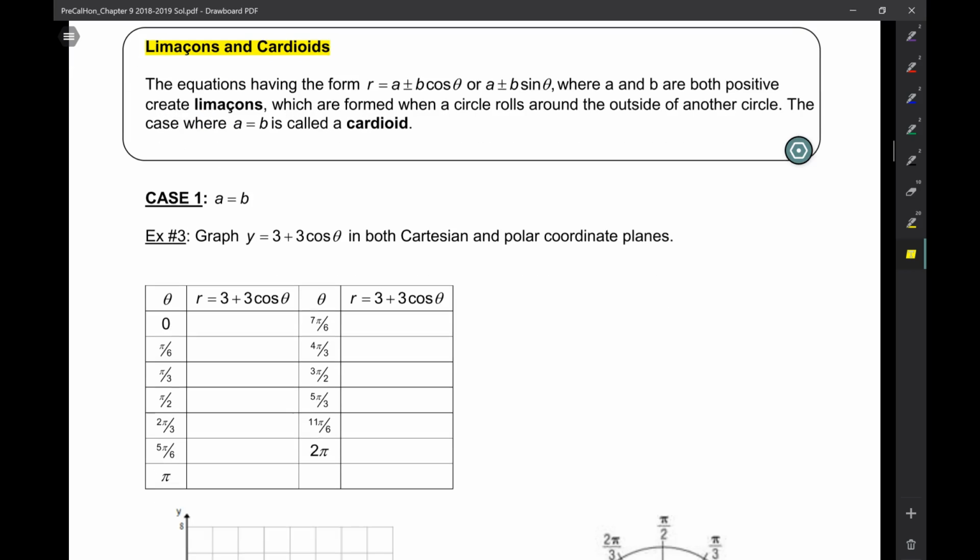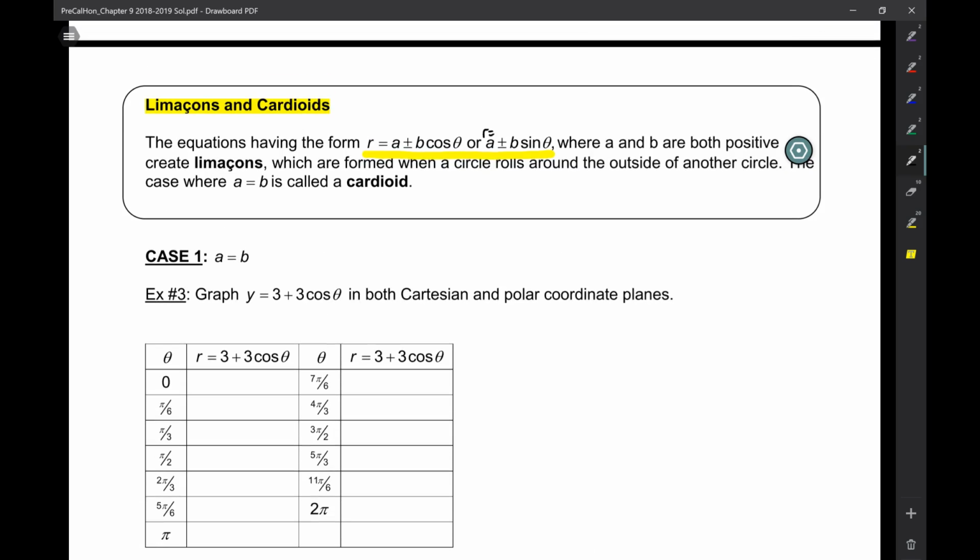So the limaçons or cardioids have this form, r equals a plus or minus b cosine theta, or again, this should say r equals a plus or minus b sine theta. So before I just had r equals a number times cosine theta. That was a circle, right?